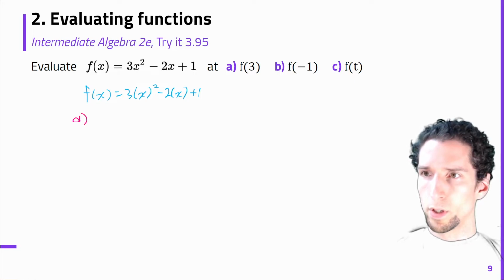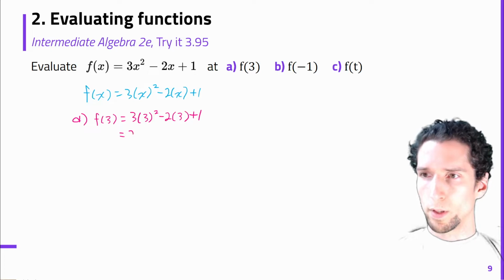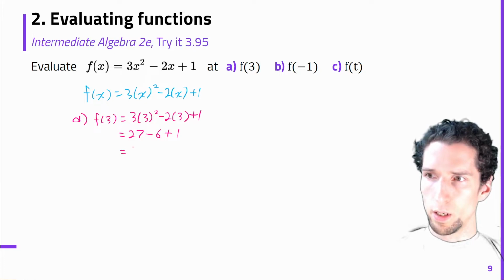So our first one, f at 3 is equal to 3 times 3 squared minus 2 times 3 plus 1. 3 squared is 9 times 3, that's just 3 cubed, that's 27, and minus 6 plus 1 here. So that will give us 18.